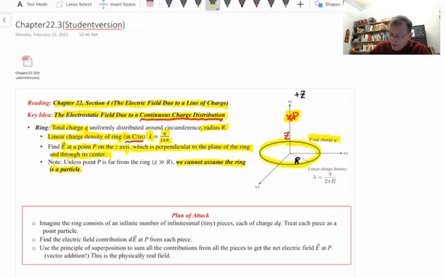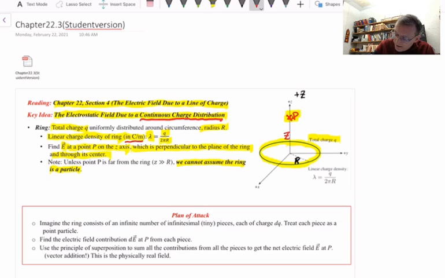It's true that if you take that point P on the z-axis and take it far, far away, then that ring starts to look like a point particle. But we're not talking about that now. Point P is arbitrary, could be quite close to the ring. Very close, in fact. In such a case, you cannot treat the ring as a particle.